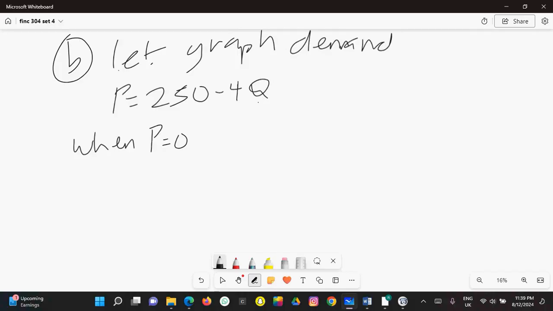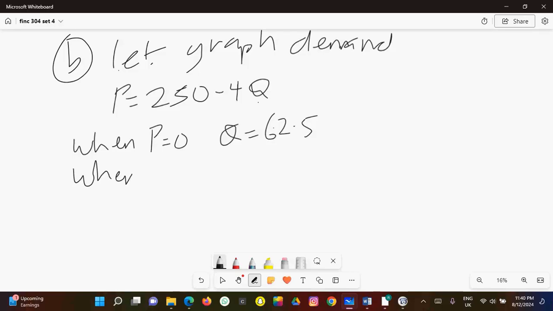We are going to divide 250 by 4, and then our Q is going to be equal to 62.5. We did this in demand when we were graphing our demand. The same formula that we are using here. I don't want to spend more time here.